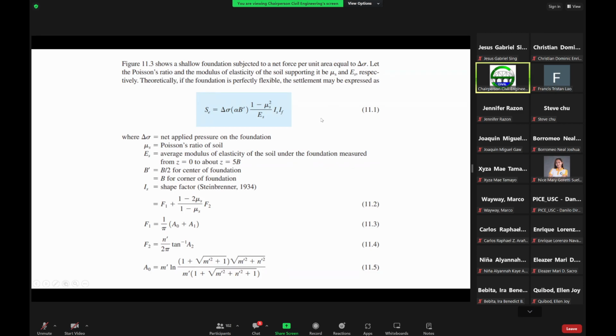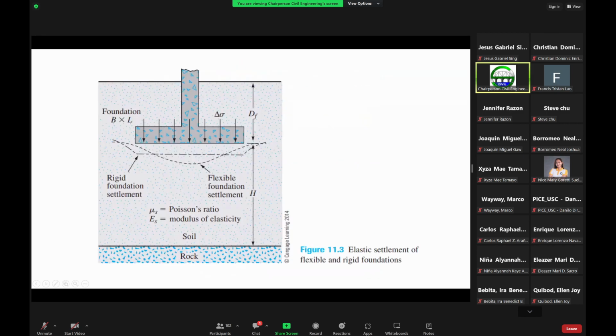So if we go back to this figure now, we have a shallow foundation. This can be an isolated footing which you will be designing later on, in your last year, I think, or maybe next semester.